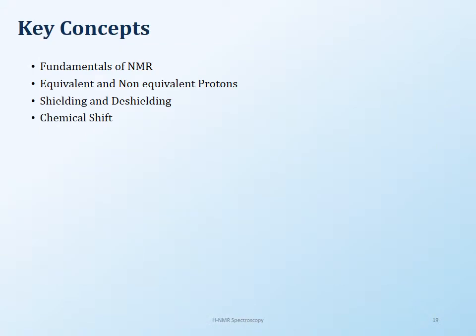So from this little presentation, I want you to understand the fundamentals of NMR, which means how the NMR works, the nuclei flip, and what the scale is, the delta ppm, and how you actually calculate that. I may not give that to you in an exam, but at least you should know that it's a proportion. So you have the delta ppm scale, that's the fundamental of the NMR. You should also know about the equivalent and the non-equivalent protons.